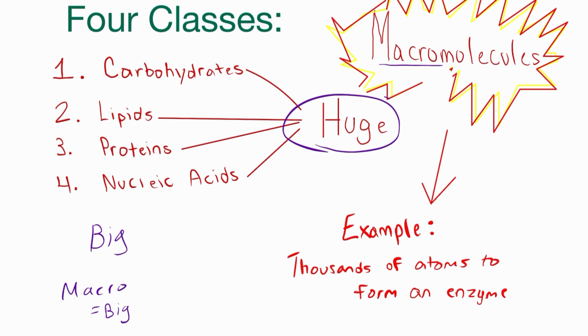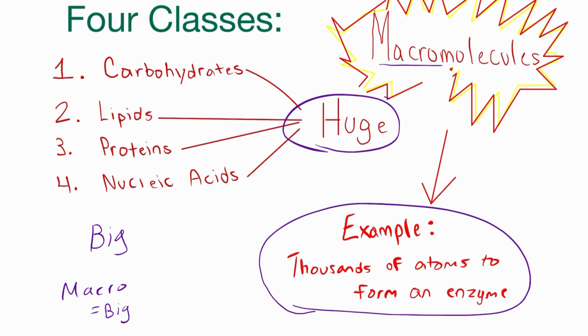An example of a macromolecule can be an enzyme. If anyone knows me well, they know that proteins are my favorite thing, and I rave and talk crazy about proteins.